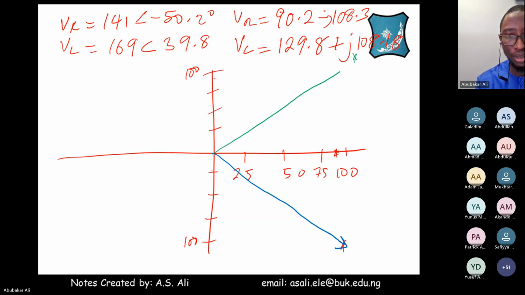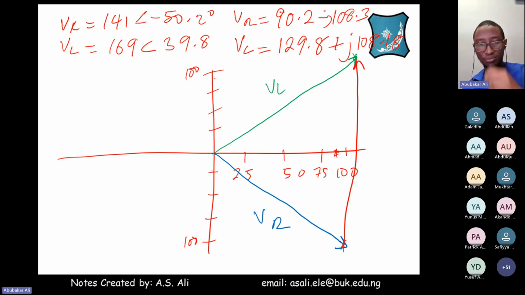So this is VL and this is VR, and the resultant is going to be this. This is their sum. This is the resultant.